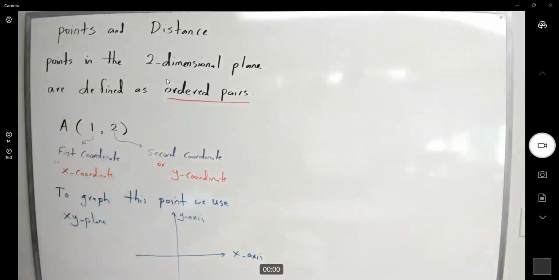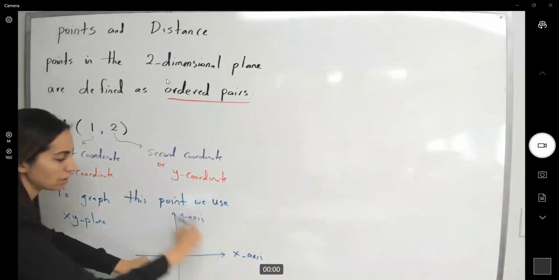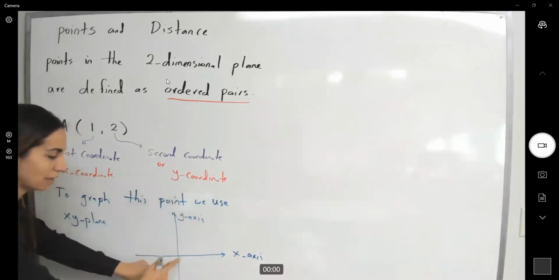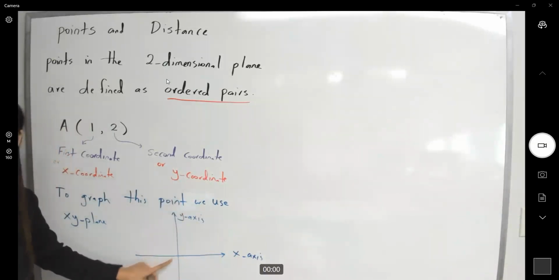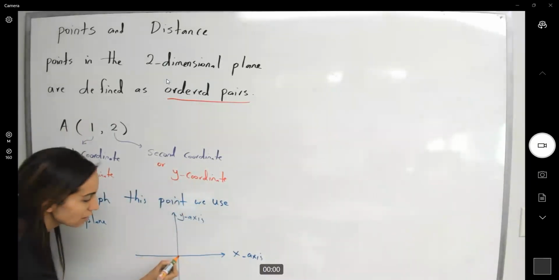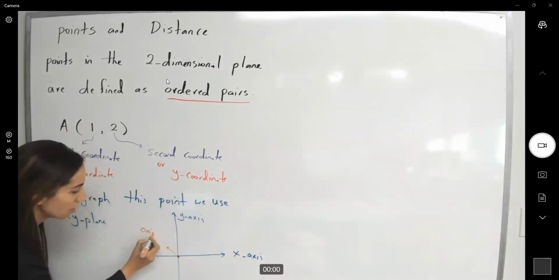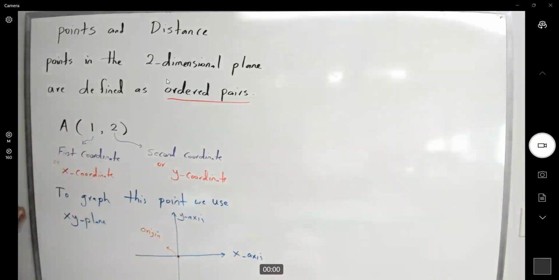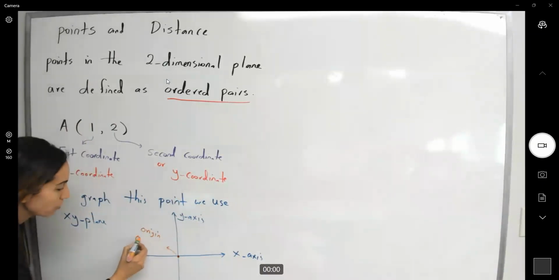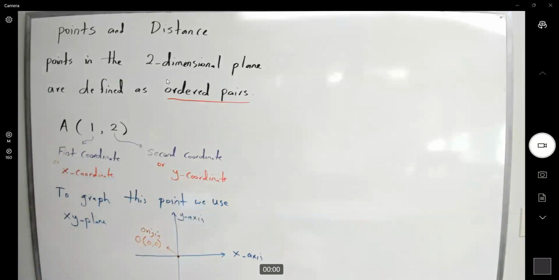I know the point of intersection between x and y is called the origin. It's denoted by O, (0, 0).